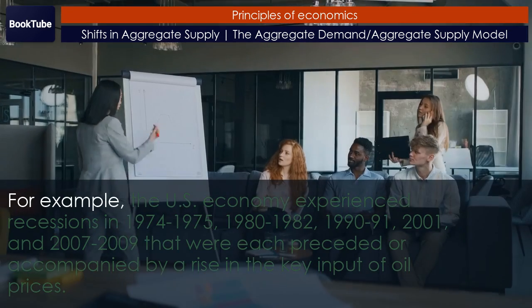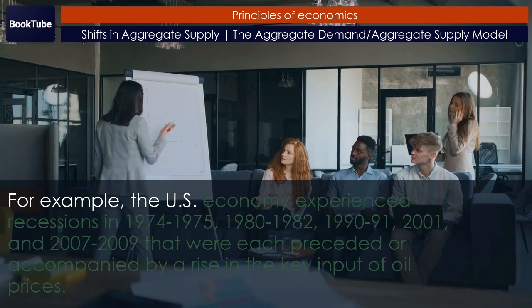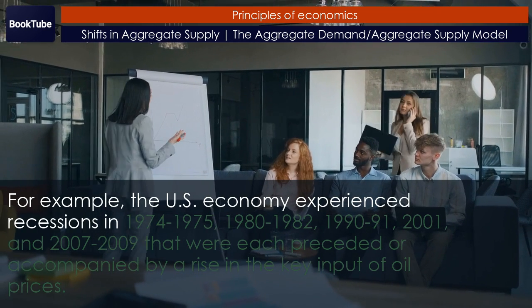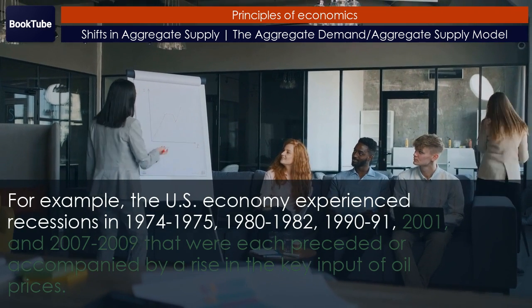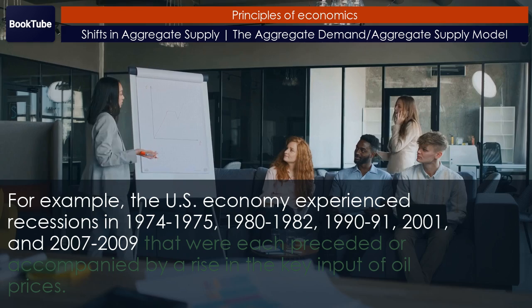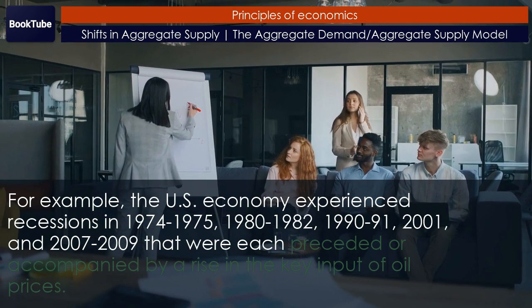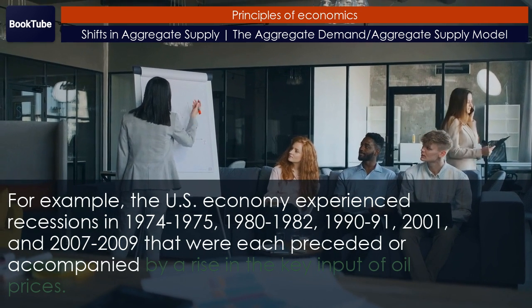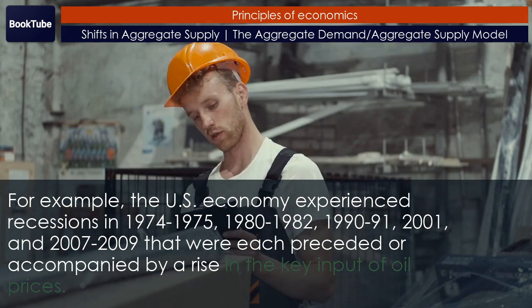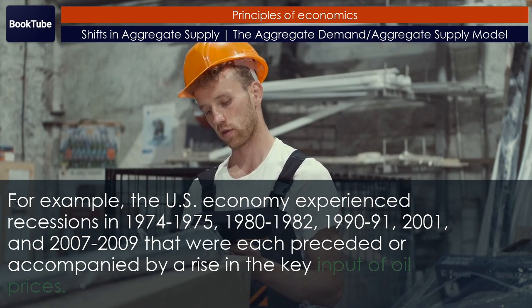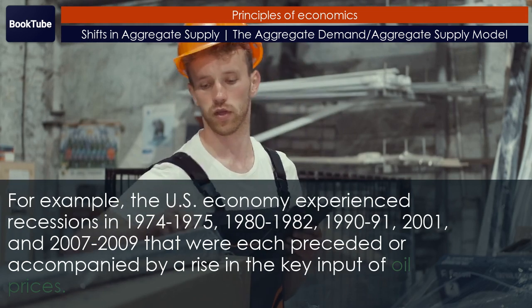For example, the U.S. economy experienced recessions in 1974-1975, 1980 to 1982, 1990-91, 2001, and 2007 to 2009 that were each preceded or accompanied by a rise in the key input of oil prices.